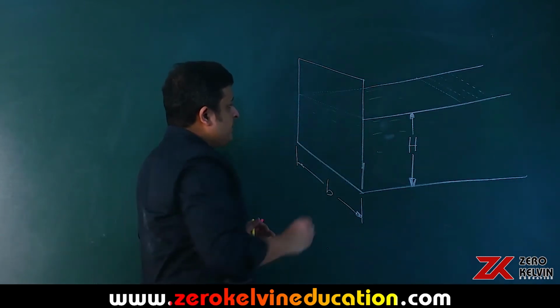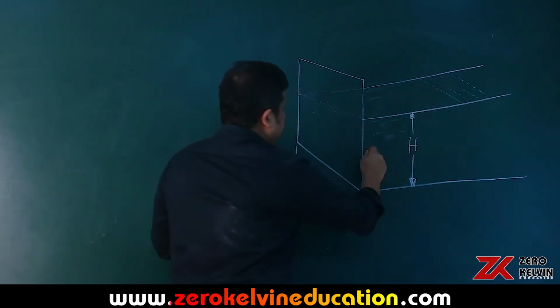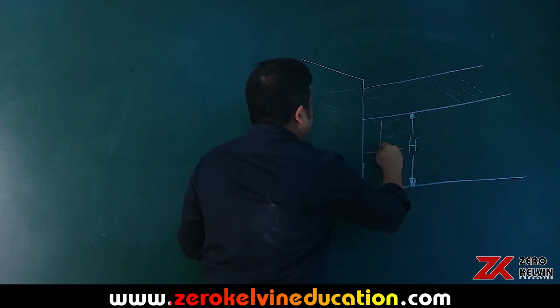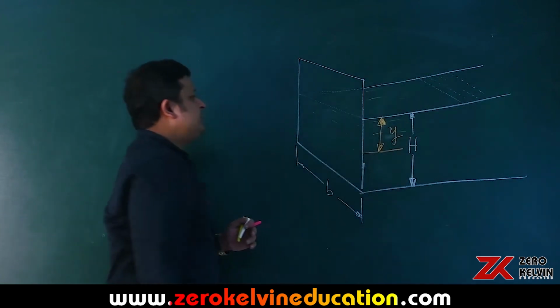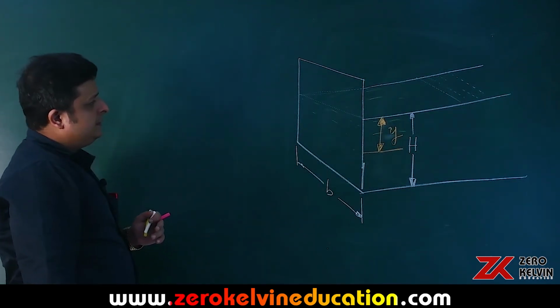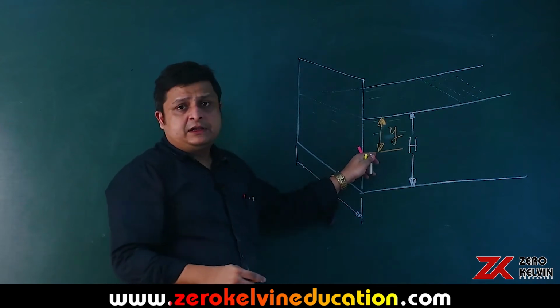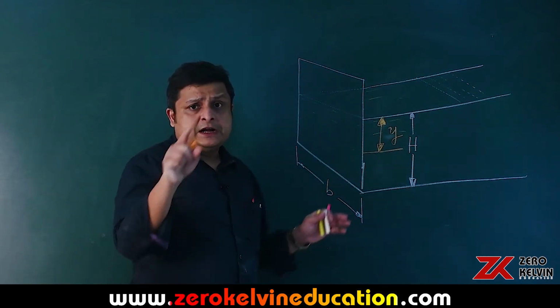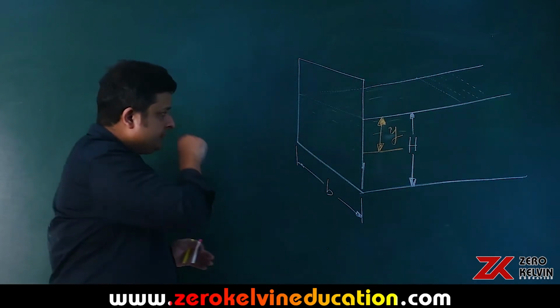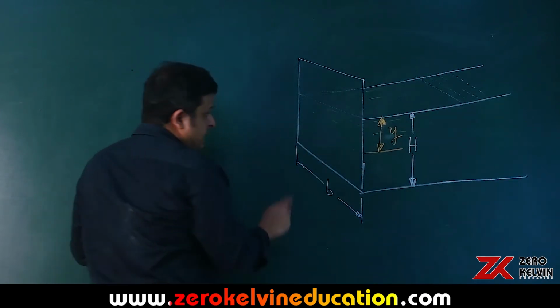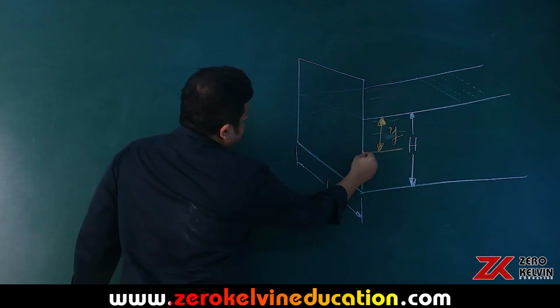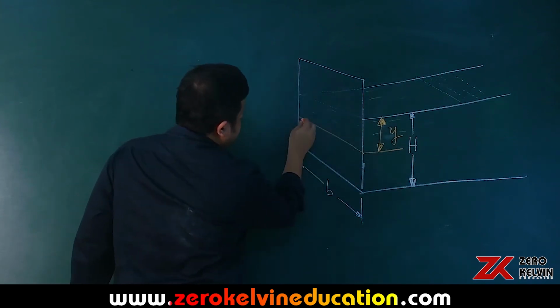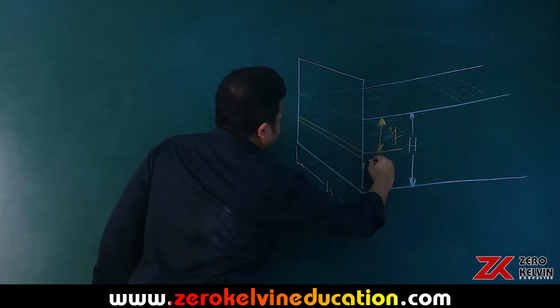So we will consider a certain level Y from the free surface, and here the pressure at this level happens to be small p equal to Y times rho times g. So we will consider a strip, again a rectangular strip. So this will be the rectangular strip.